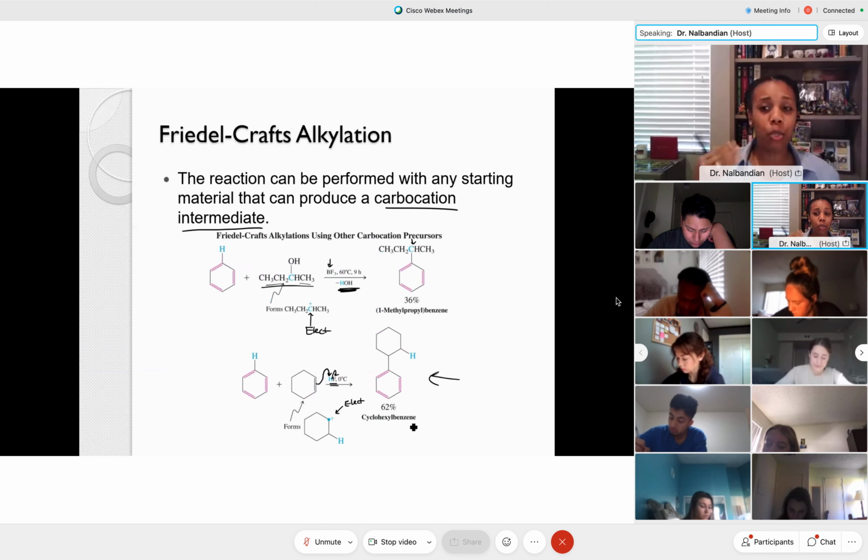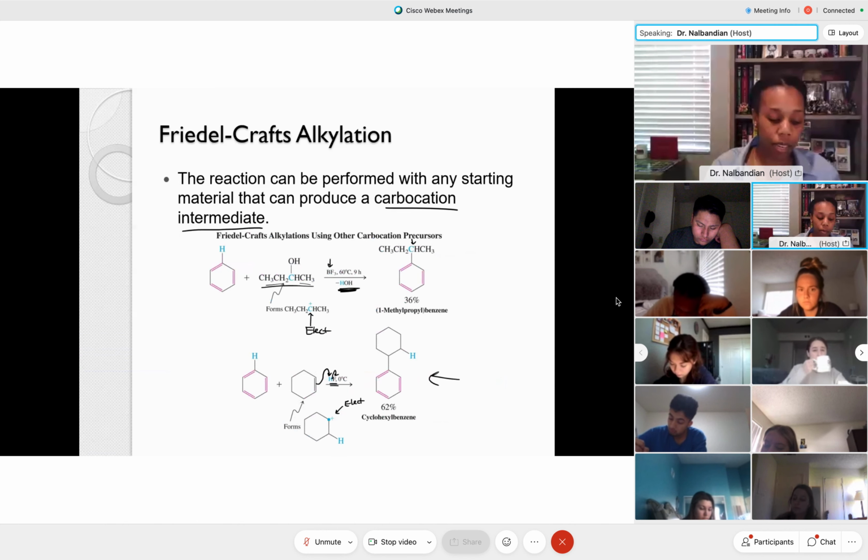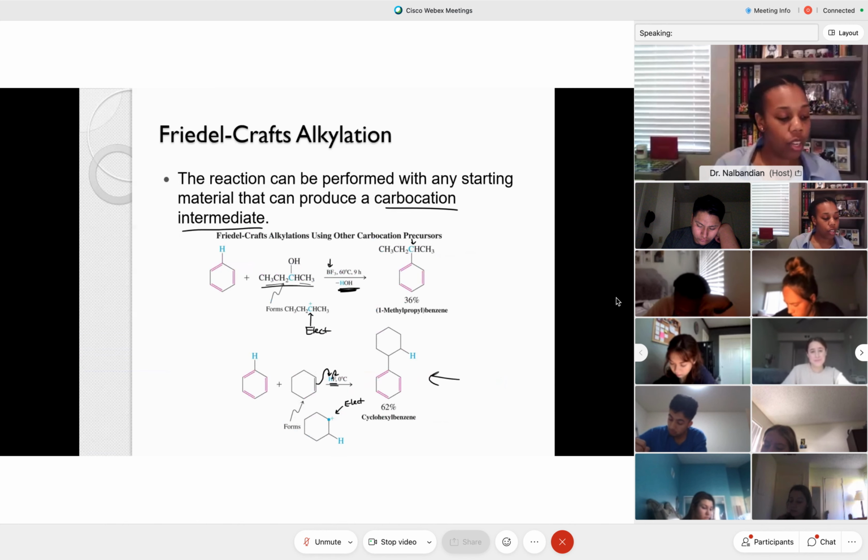So it might be a few steps in the process where you are making your electrophile, you're making your carbocation, and then with your carbocation, the electrophilic aromatic substitution reaction takes place. So it might be a few steps beyond just the mechanism for the electrophilic aromatic substitution. But again, this is stuff that you have seen before. Questions on this?